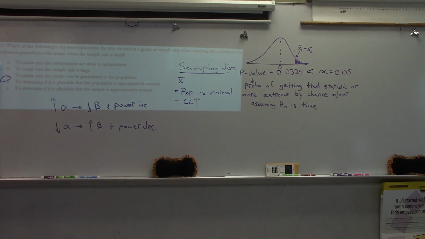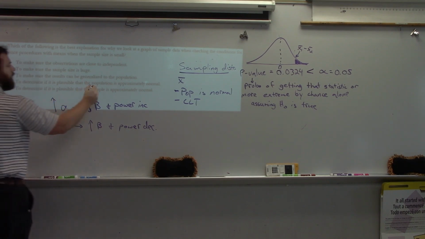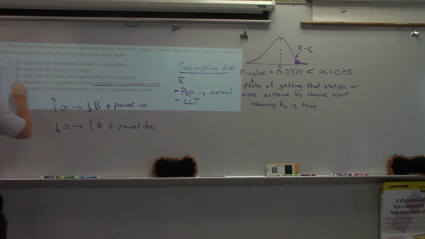So why do we look at a graph of the sample data? Hopefully, if it's symmetric, we believe the population is approximately normal. Notice that word plausible, right? We can look at the sample and tell if the sample is approximately normal or symmetrical, but it's a symmetrical sample that allows us to think the population is approximately normal.